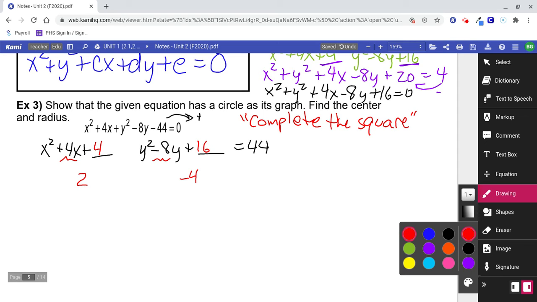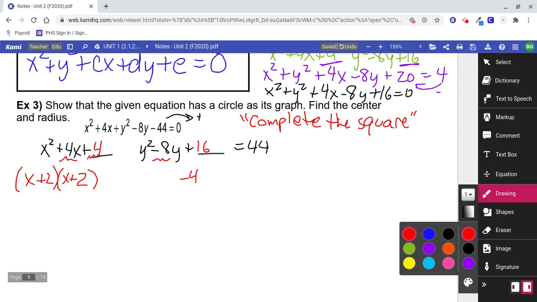Now, what I've just done is I have completed the square. If you think about factoring, how we factor is we look for 2 numbers that multiply to 4 and add up to 4. That would be 2 and 2. So if you factor that, just like Algebra 1 class, you could write x plus 2, x plus 2.